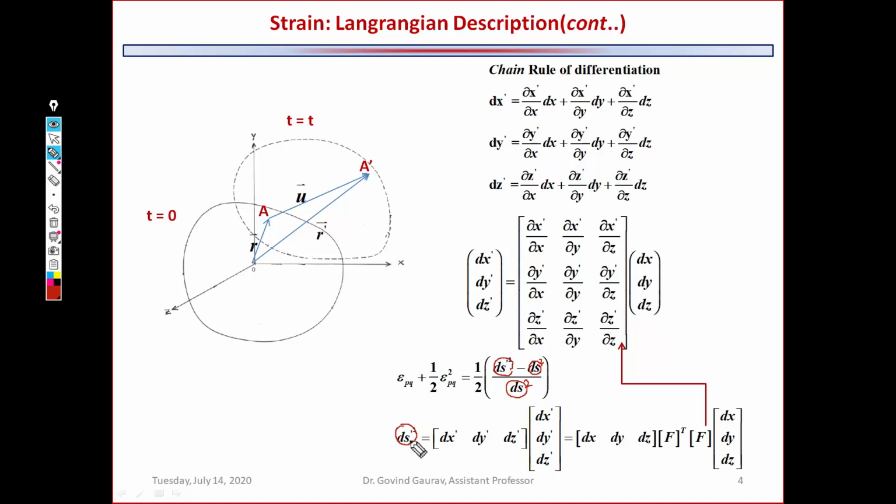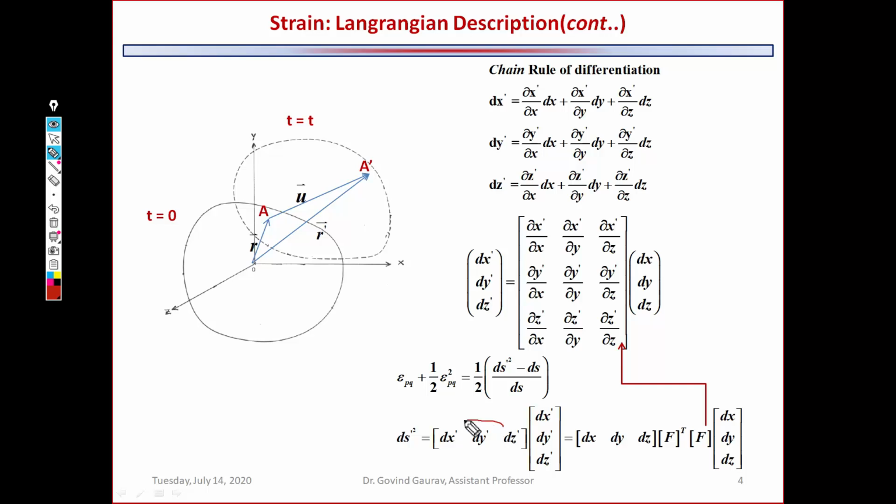It will be in terms of x, y and z, because we are working in three-dimensional space. So ds dash square will be dx dy dz multiplied by dx dy and dz star, or you can say dx prime, dy prime and dz prime.